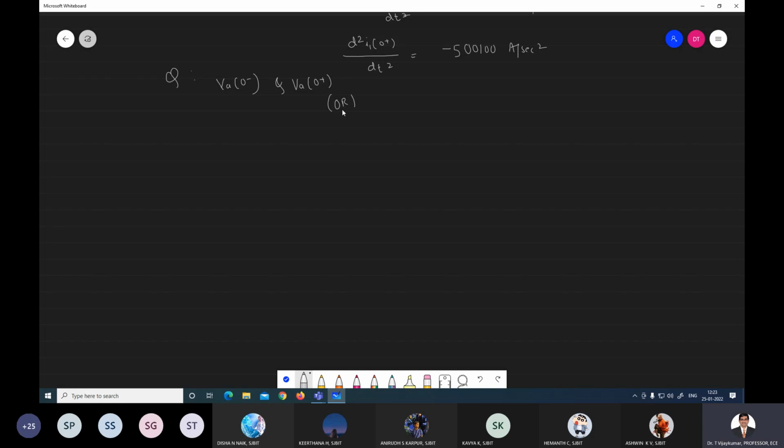For the element values given, determine the values of VA at 0 minus and VA at 0 plus.